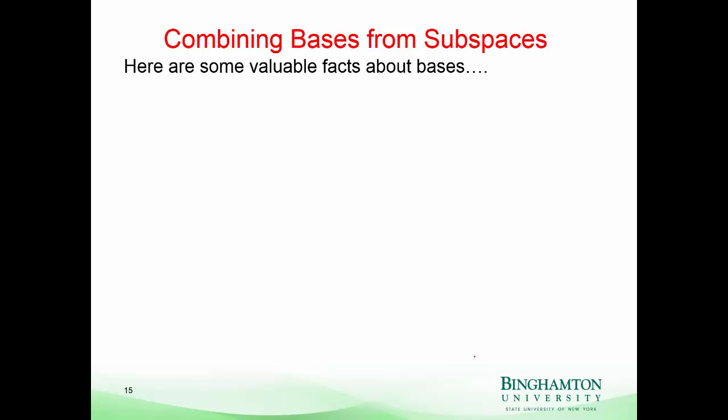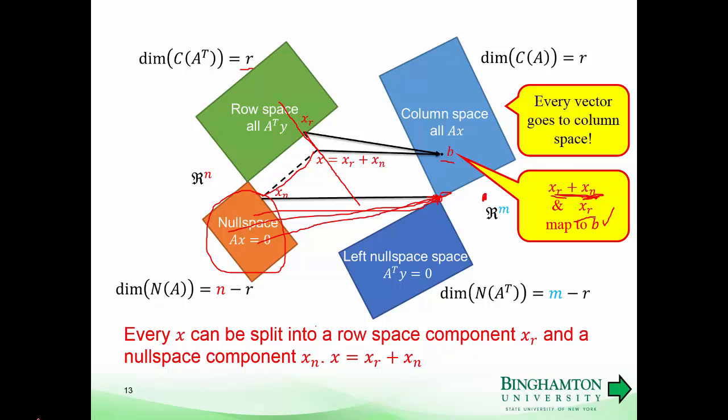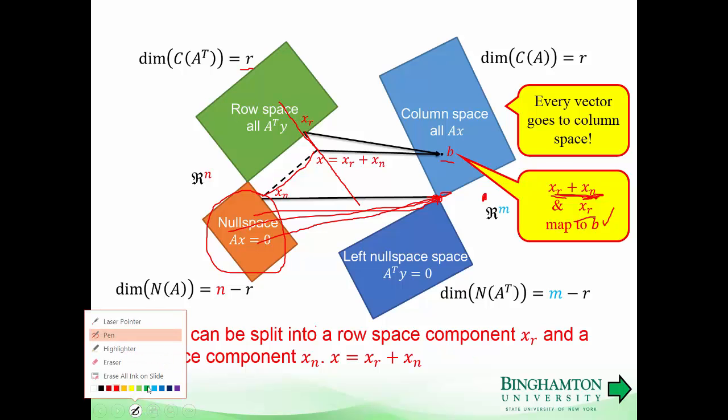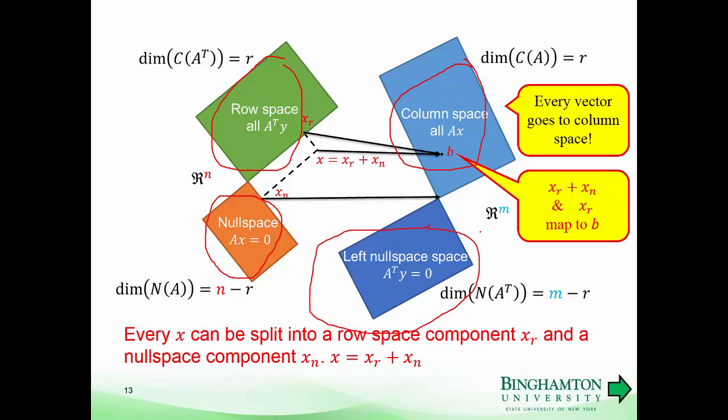So let's back up. We've got these spaces. So let me clear all this ink off here. We've got a row space, and we've talked about the basis for this row space. We've talked about the basis for this null space. Likewise, we've talked about a basis for the column space, and we've talked about a basis for the left null space.